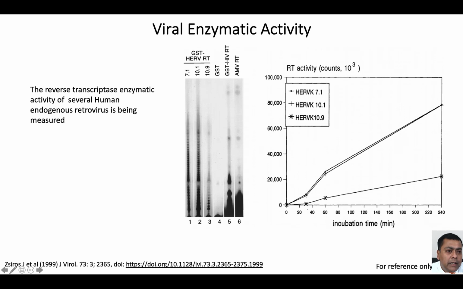What you're seeing right here is two samples, GST HIV RT and the AMV RT. These are two control reactions, two different types of reverse transcriptase, which are commercially available. The reaction mixture has RT, an RNA template, rather than a primer, I should say template, and then the DNA nucleotides.